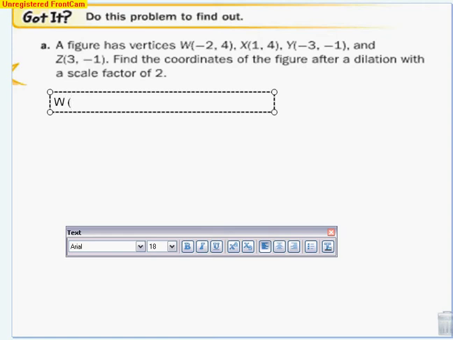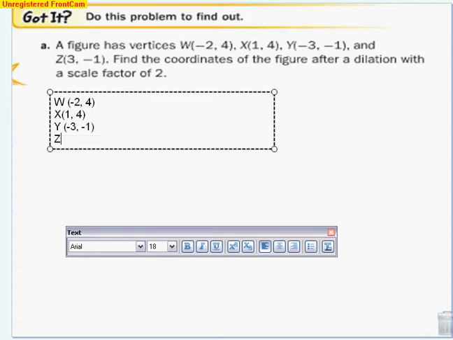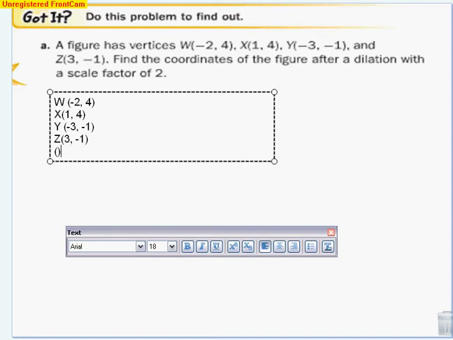W is (-2, 4), X is (1, 4), Y is (-3, -1), and Z is (3, -1). Our x, y will be multiplied by a scale factor of 2, so I would have (2x, 2y).